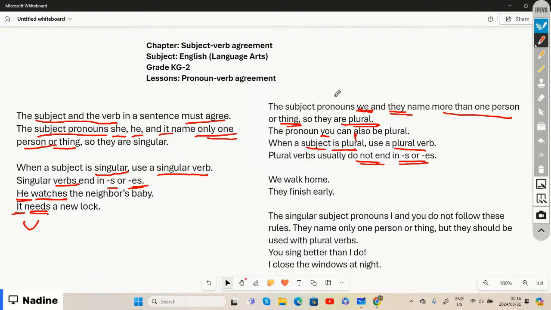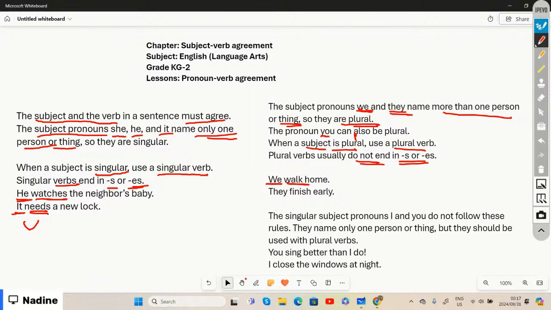All right. And if we look at an example of the subject being plural, we refers to more than one person. If our subject is plural, which refers to more than one person, then we say only walk.